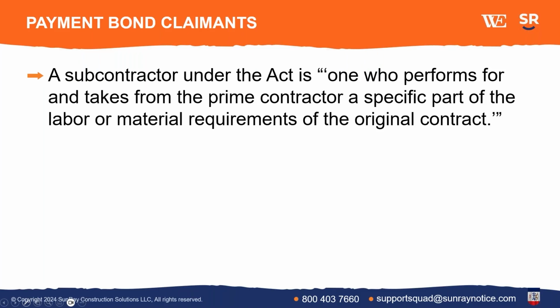Here's a quote from one court case that says it's one who performs for and takes from the prime a specific part of the labor or material requirements of the original contract. That, in my mind, is not a very helpful definition. It still begs a lot of questions. Go to the next slide.